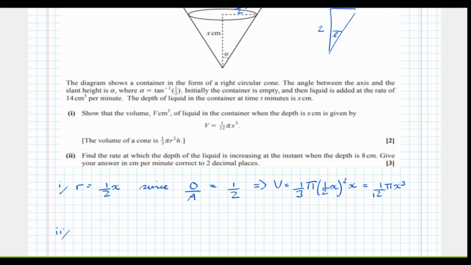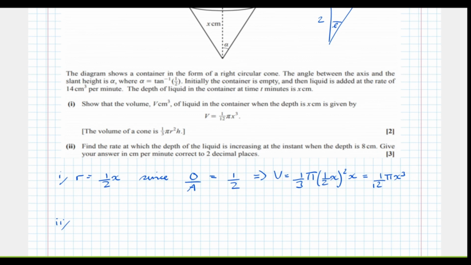Part 2. Find the rate at which the depth of the liquid, the depth is x, so we need dx by dt, is increasing at the instant when the depth x is 8.